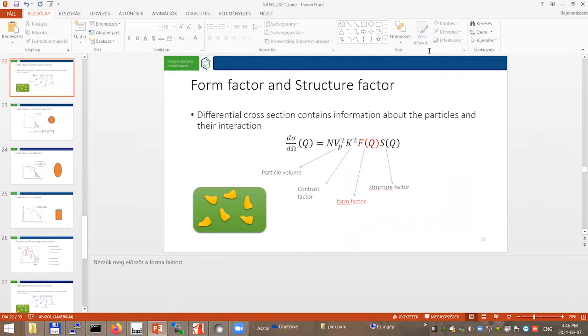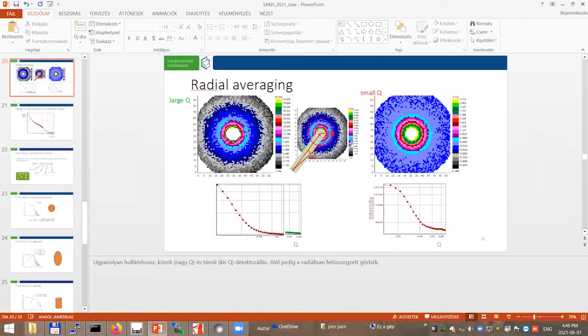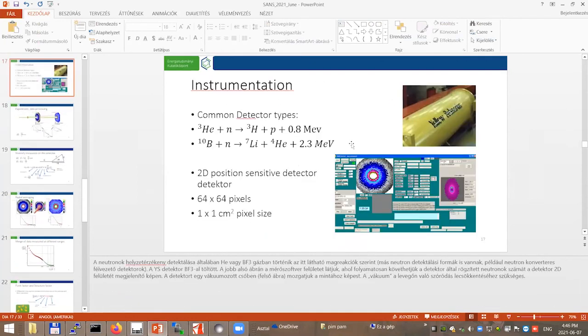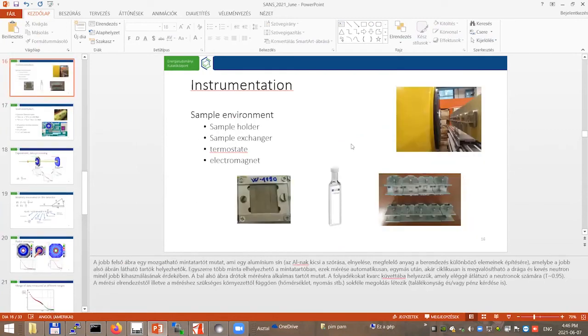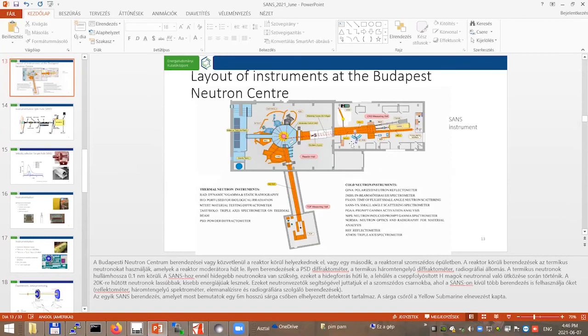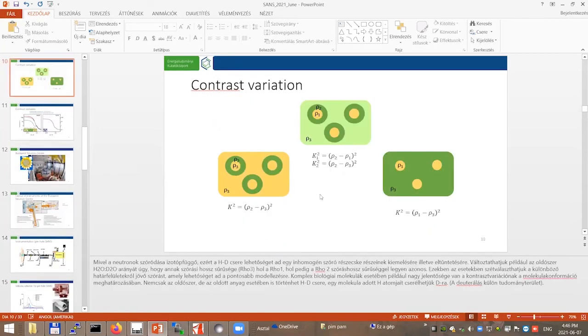This is the key parameter, the contrast. Where is the contrast? The contrast is the difference between density 1 minus density 2, and everything is squared.